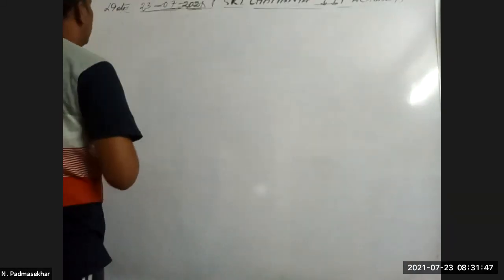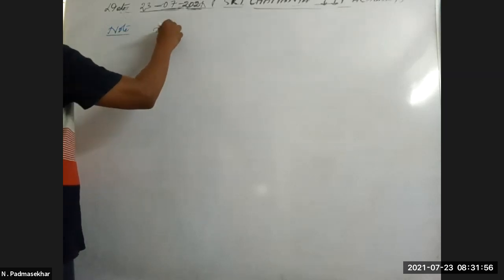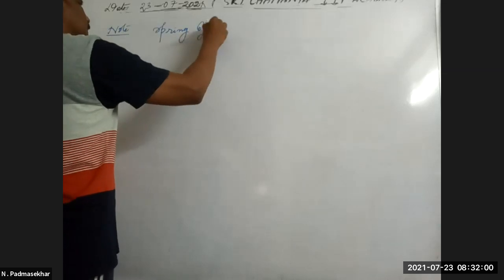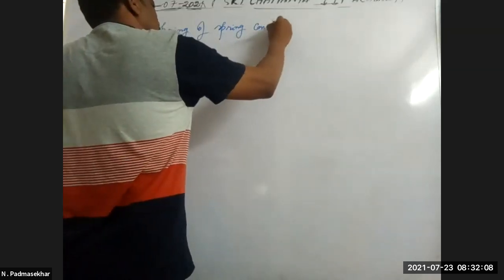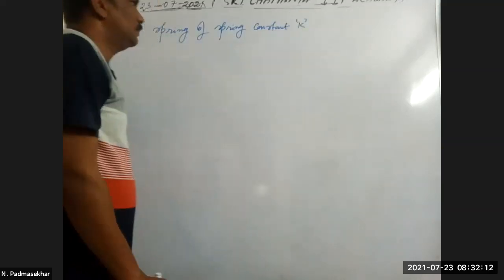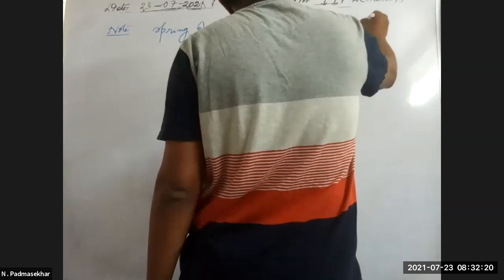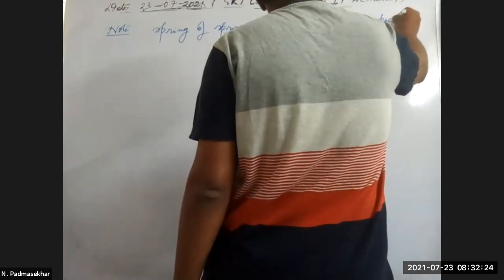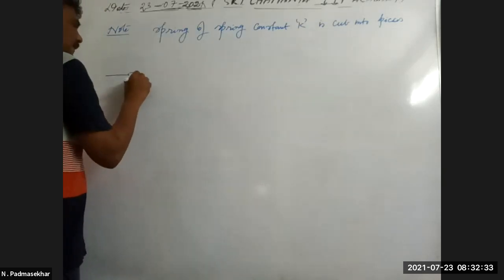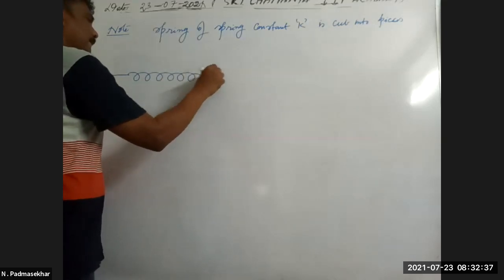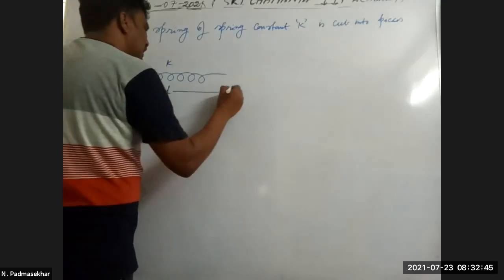See, suppose here there is a spring of spring constant K, and its length is L like this.